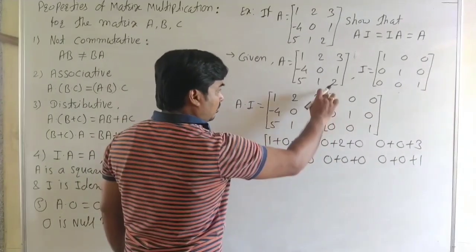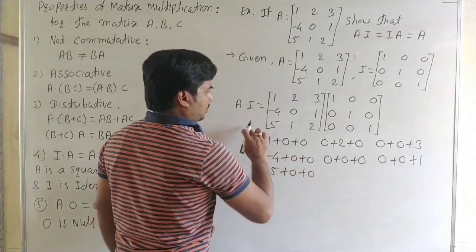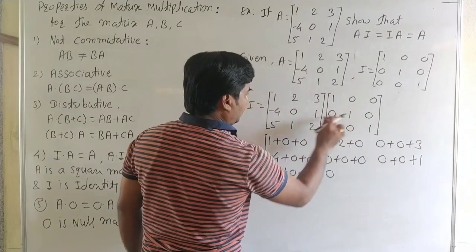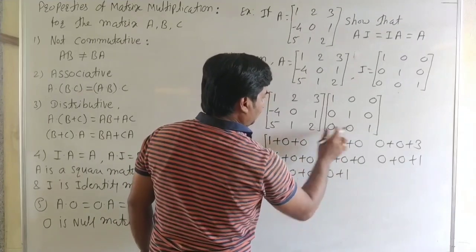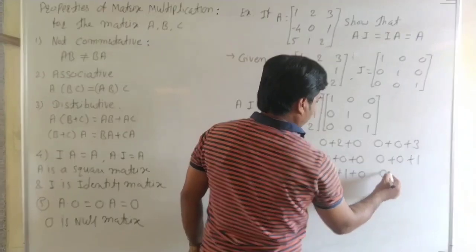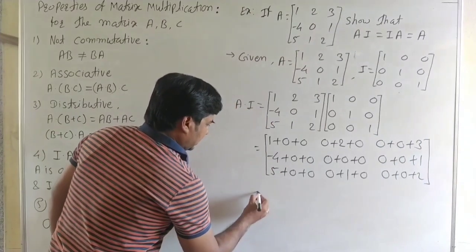Third row, first column: 5 plus 0 plus 0. Third row, second column: 0 into 5 is 0, 1 into 1 is 1, and 2 into 0 is 0. Third row, third column: 0 plus 0 plus 2.